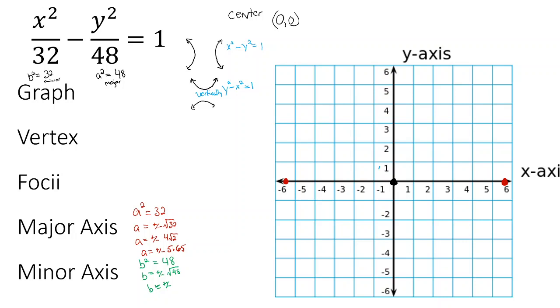Is 48. Yep. And so it's 4 root 3. Oh, we did this earlier. It's b equals plus or minus 6.9. I remember that. So we're going to go up 6.9. 6.9 kind of goes off my graph, but not too far.